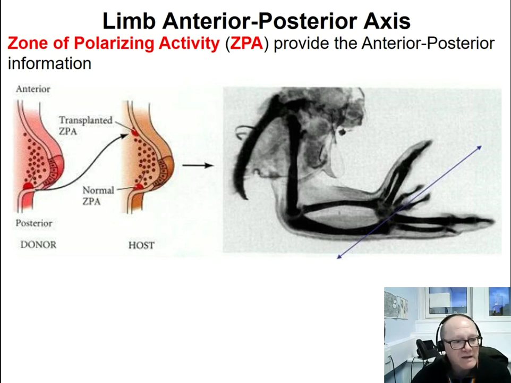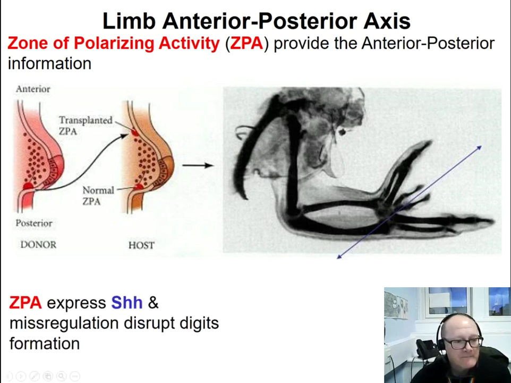And this indicates that the signals from the ZPA were actually giving anterior-posterior instruction. Remember that anterior is where the thumb is, and posterior is where the pinky is. So if you have two of these signal centers competing with each other, what you end up having in this poor embryo is a duplicated autopod upside down.